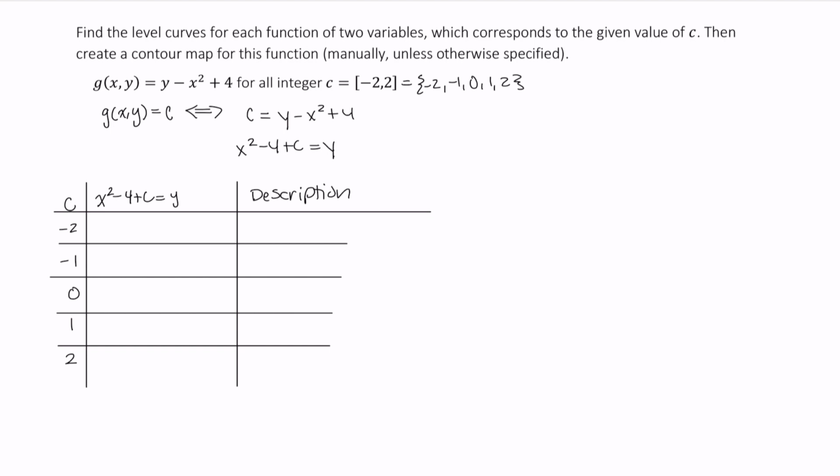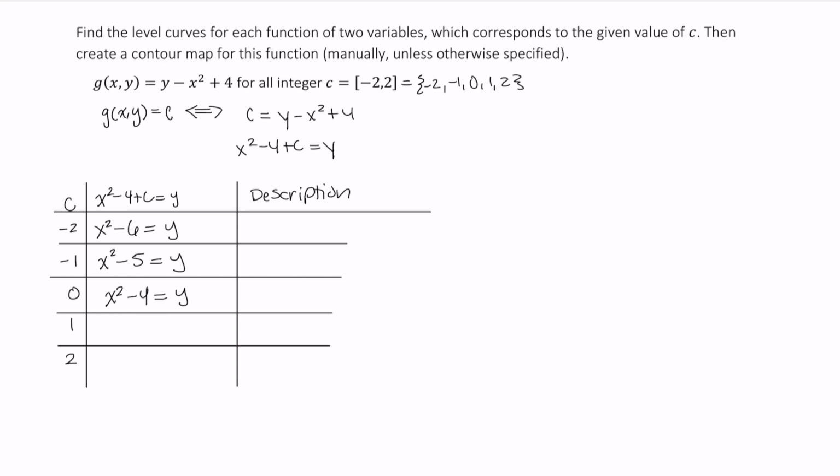So when c equals -2, we end up with x squared minus 6 equals y. When c equals -1, we have x squared minus 5 equals y. When c equals 0, we have x squared minus 4 equals y.